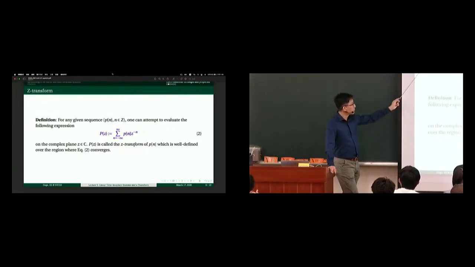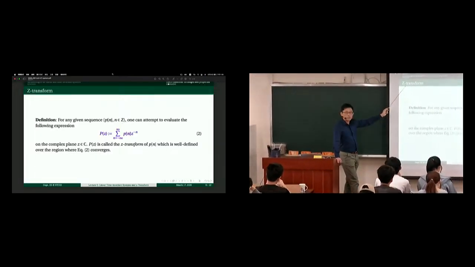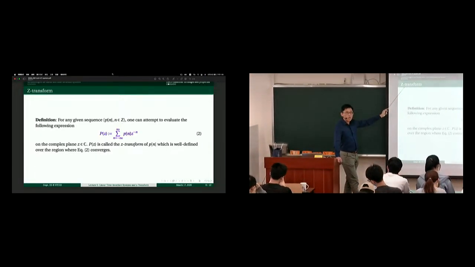The reason we are going to introduce this is because it's going to be super useful for analyzing LTI systems. We do need to learn this as a mathematical technique, a very powerful technique.